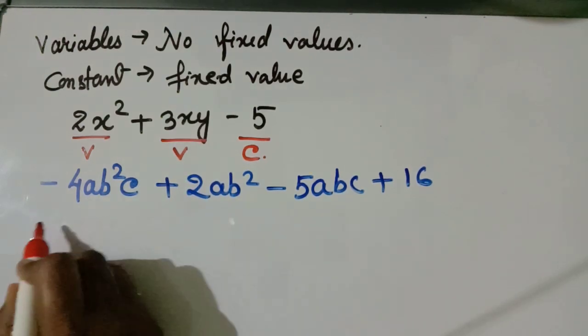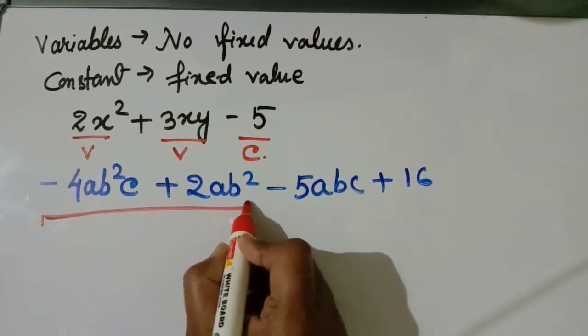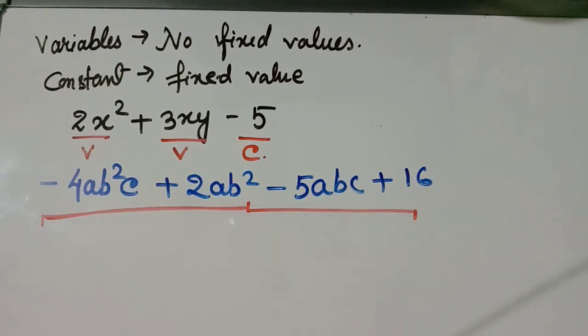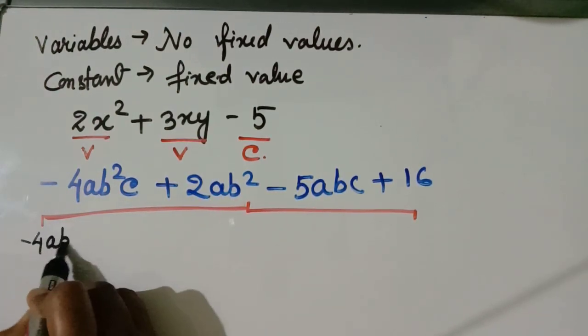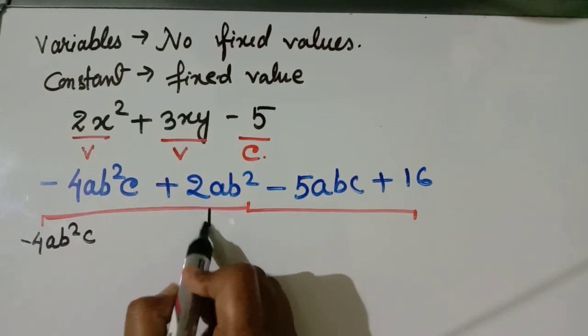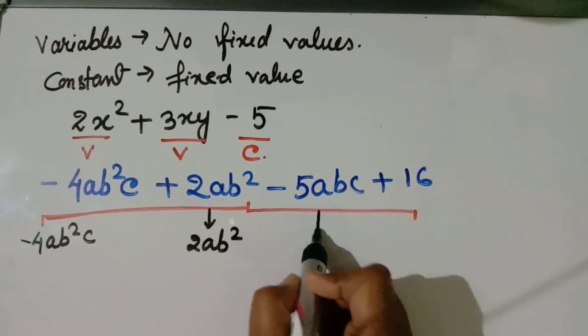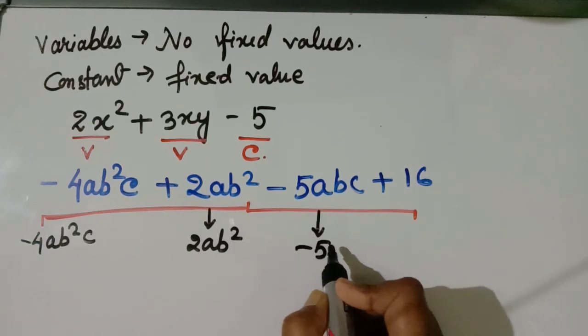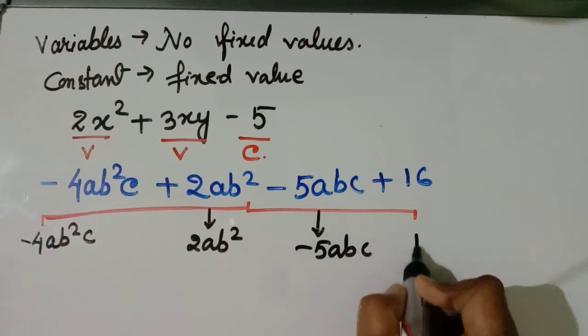This is an expression and you have to find the terms. How many terms are there? Yes, there are 4 terms. This is minus 4ab square c. This is 2ab square, minus 5abc, and the last one is the constant.